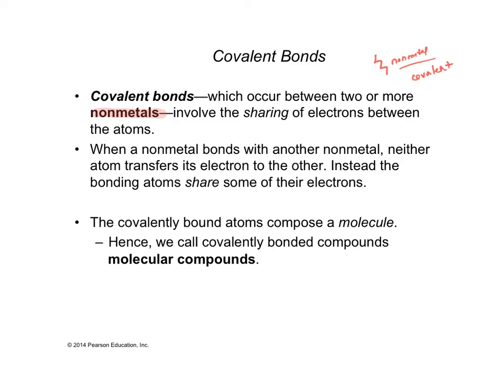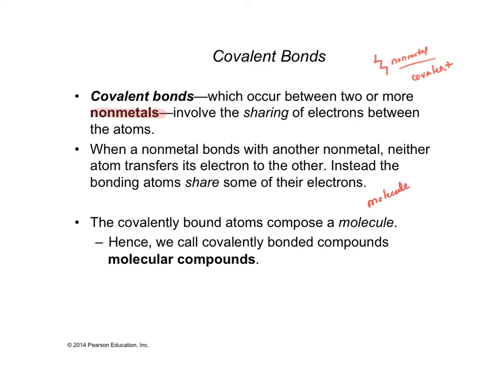Okay, so covalent bonds form because these nonmetals, instead of transferring electrons and forming ions, actually share the electrons between the two nonmetals, and that's how they form this bond. Okay, and so because of this, the things that result are called molecules.